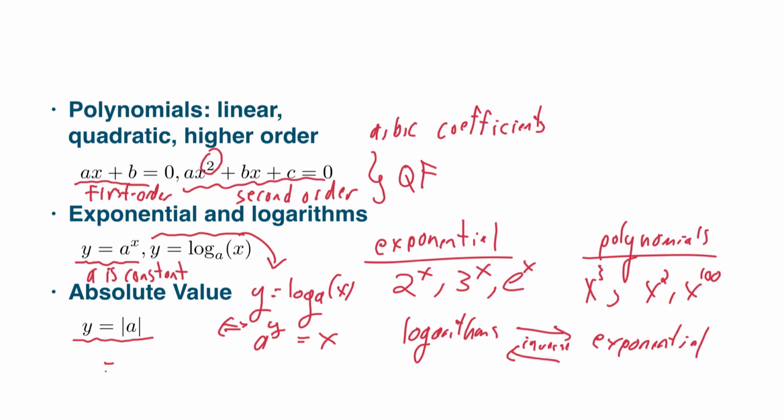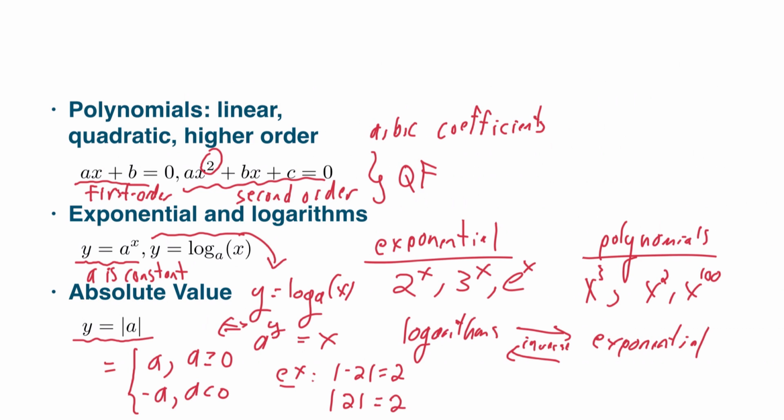So the absolute value of a would be equal to a for a greater than or equal to 0 and minus a for a less than 0. So as an example, the absolute value of minus 2 is 2, and the absolute value of 2 is 2. So absolute value says if there's a minus sign, kill it off. If there's no minus sign, don't do anything to it.